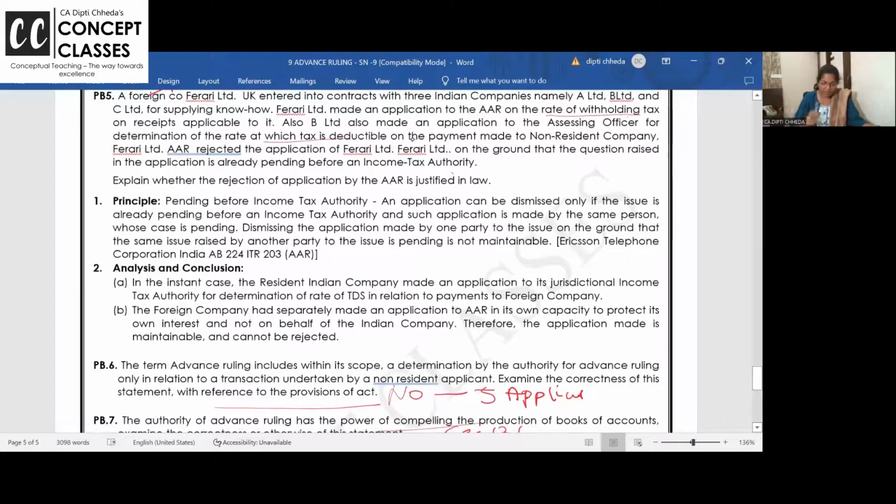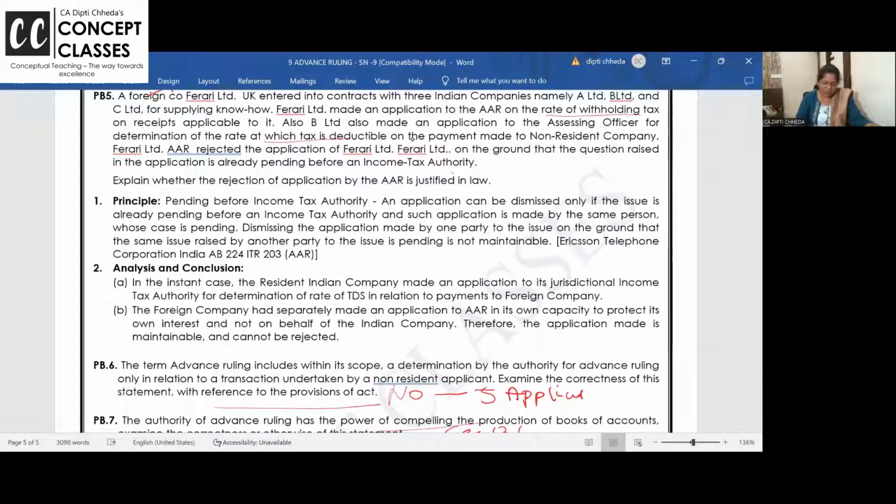The answer is no, they cannot. An application can be dismissed only if the issue is already pending before an income tax authority and such application is made by the same person. If your case is pending with the ITAT, you cannot go to the advance ruling authority, I said.